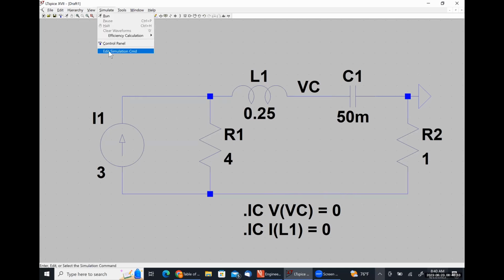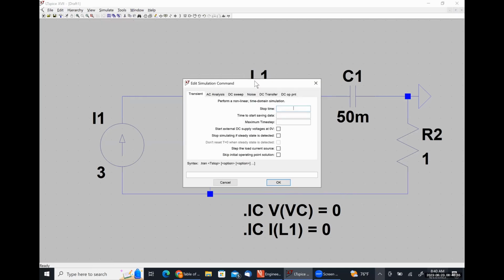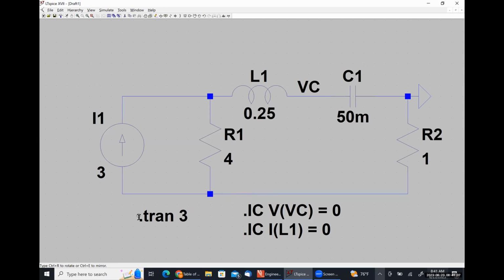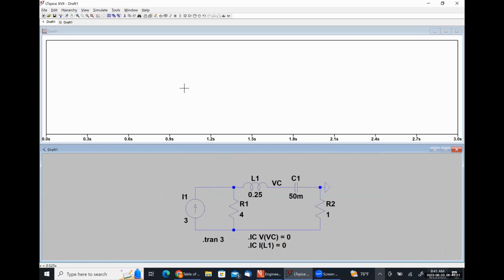And let's see. Let's run this for, I'm just going to guesstimate here, 3 seconds. We might need to go back and change this. So I'm trying to find the voltage drop across my resistor with positive polarity on top.